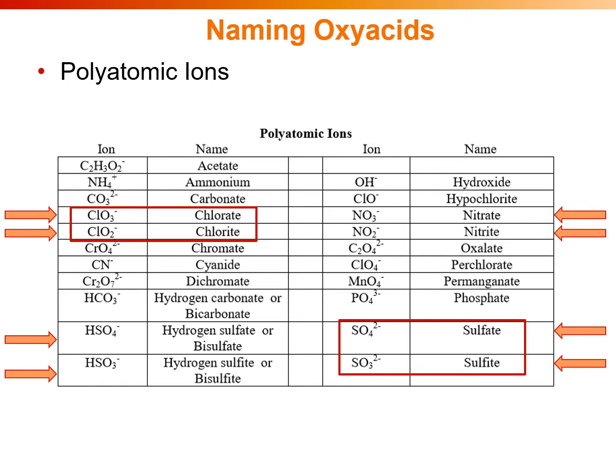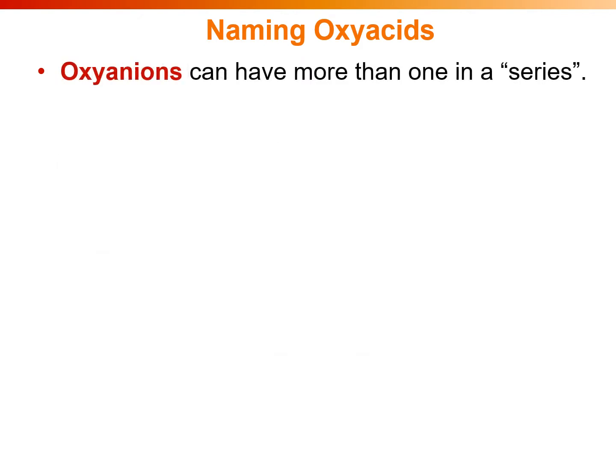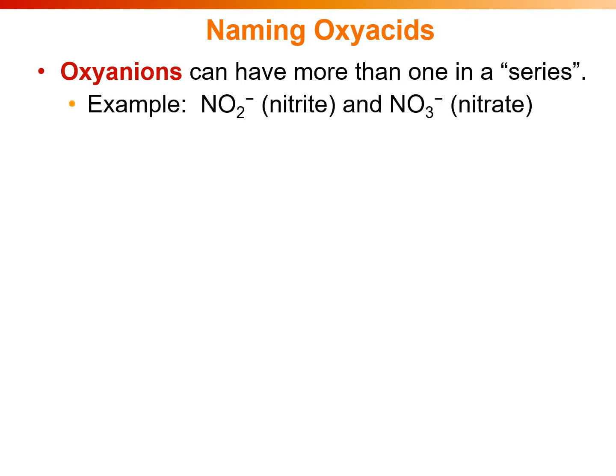So why do I bring all of this up? Because those ite and ate endings mean something, and we're going to communicate that when naming our oxyacids. So as we just saw, you can have more than one species of oxyanions in a series, like nitrate and nitrite. Nitrite has 2 oxygens, whereas nitrate has 3 oxygens.